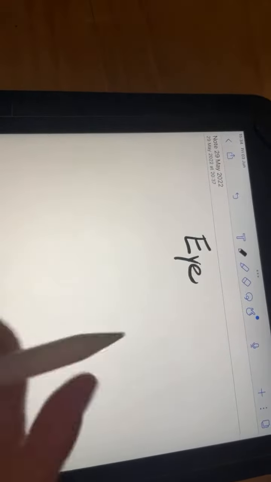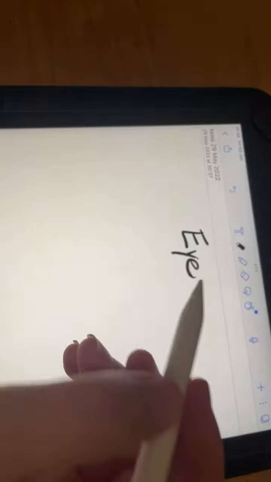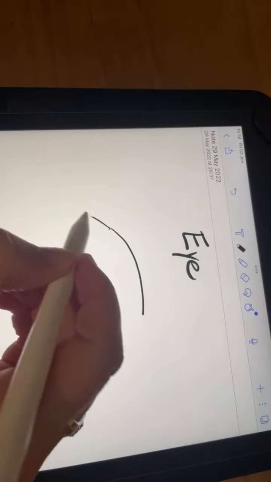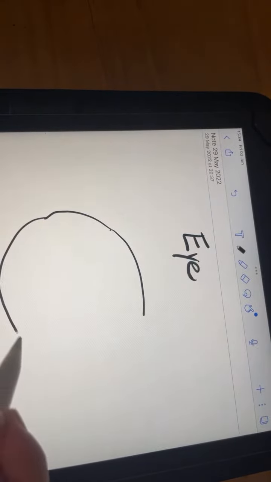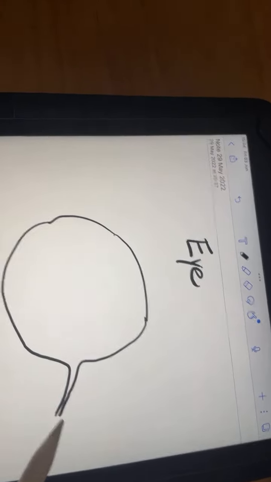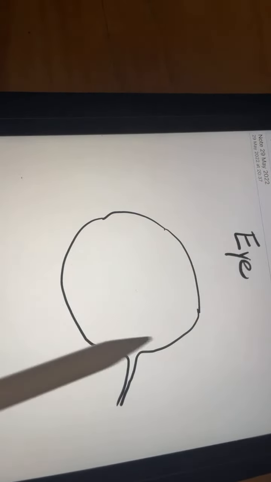Now, just to recap, inside of the eye, if I were to draw it for you now, this is the front section of the eye going down to the back, and then that is our nerve that leaves the eye at the back there.